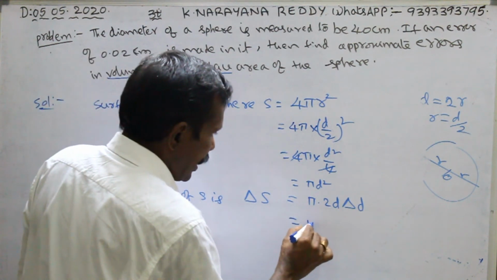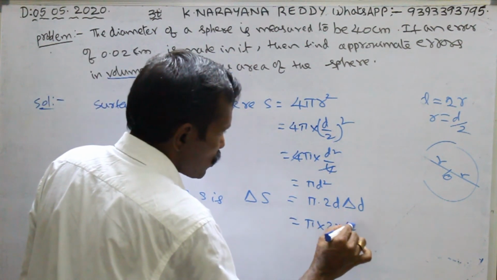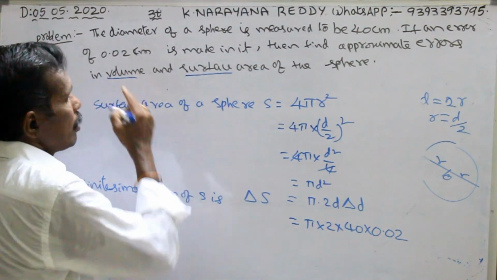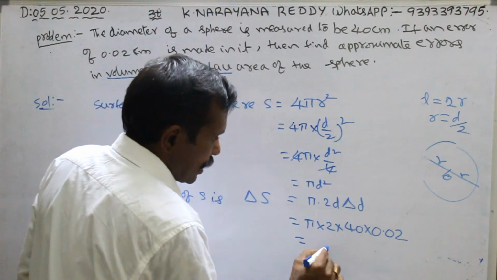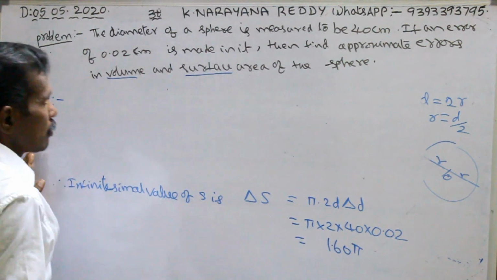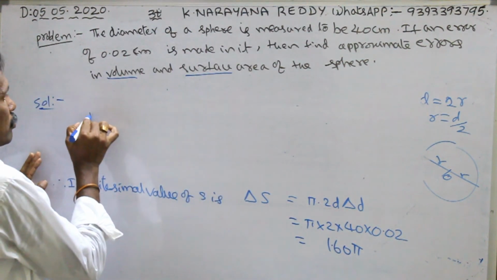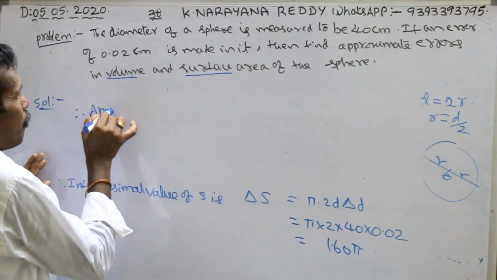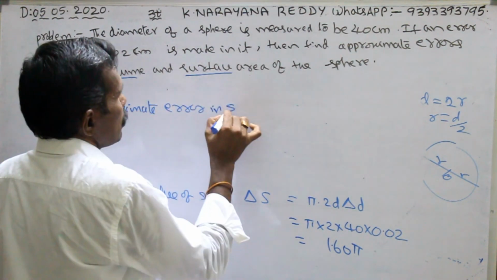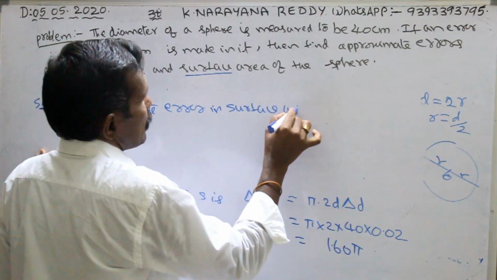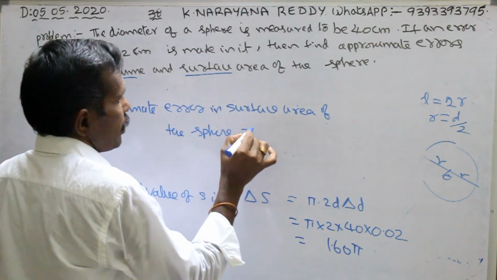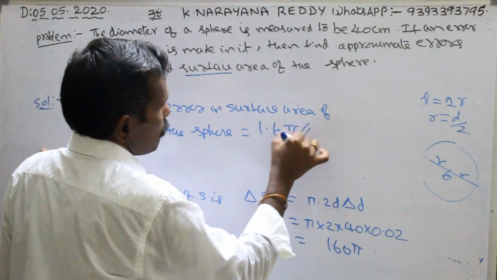Pi into 2 into d, that is 40, del d is 0.02. Now the approximate error in surface area of the sphere equals 1.6 pi.